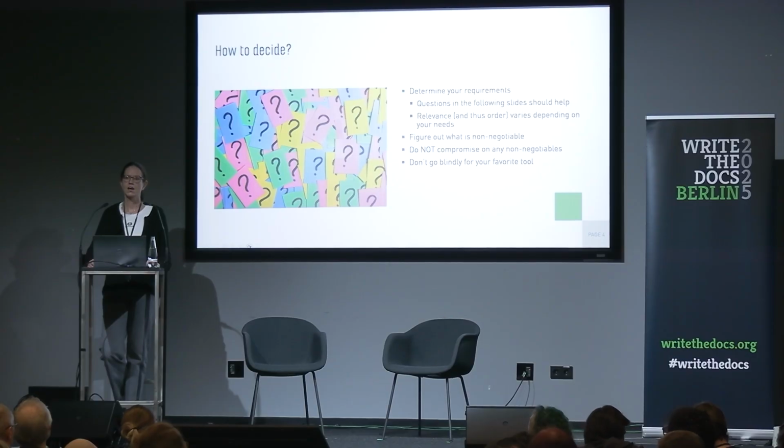And that also prevented me from kind of going blindly for my favorite tool, because that would have been Sphinx, because I'm most familiar with it. And while Sphinx can absolutely do decent PDFs, no question about that, it's not made for PDFs. It's made for HTML documentation, and in addition, you can generate some PDFs from the same sources. And those will look decent, but as I said, it would be a compromise to go for Sphinx.